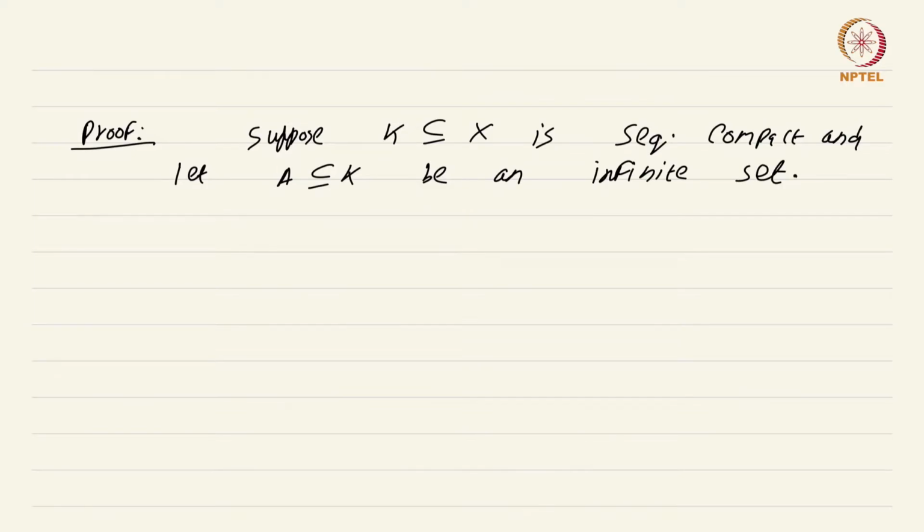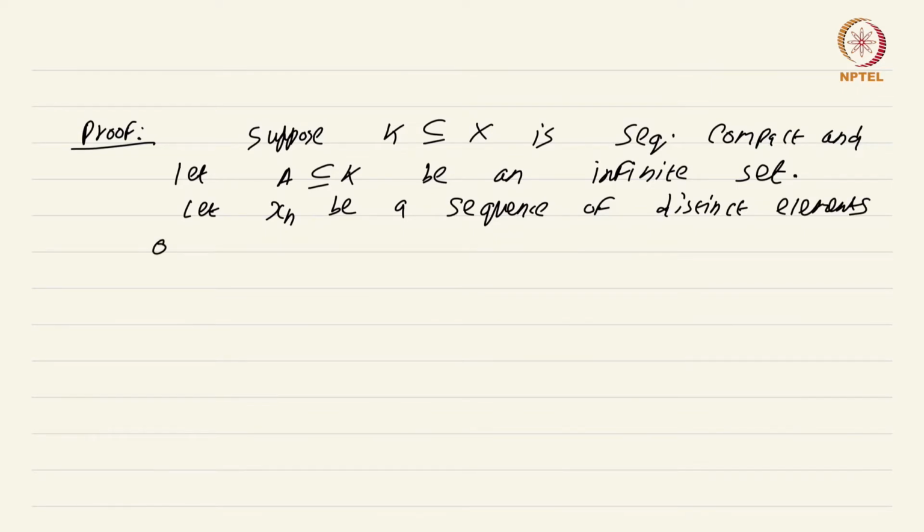Now I have to show that some limit point of the set A is contained in the set K. So what I do is let xn be a sequence of distinct elements of A. Now, why does such a sequence exist? Because we are assuming that A is an infinite set, we can definitely find an infinite sequence of distinct points.